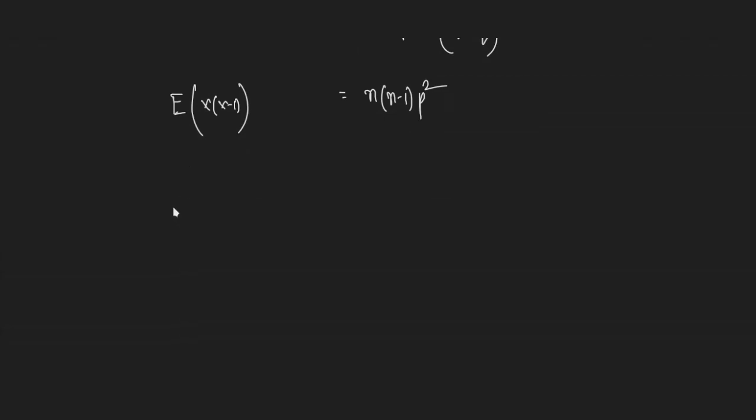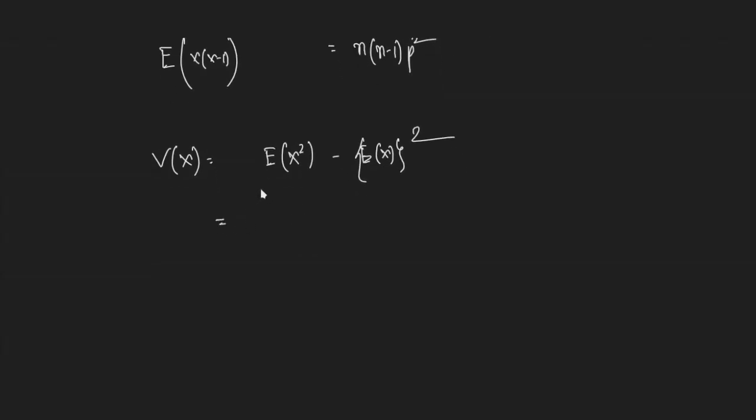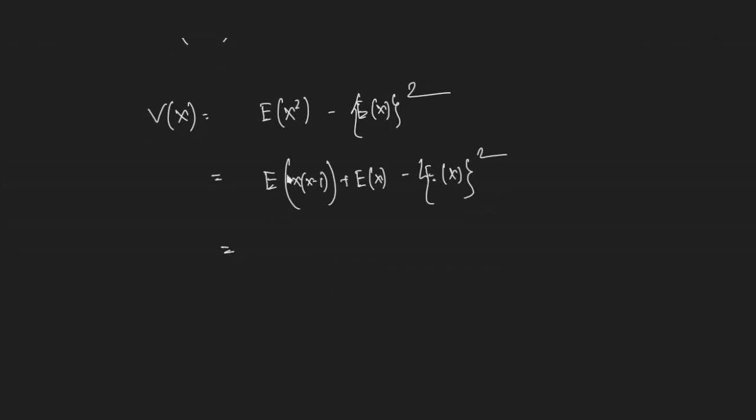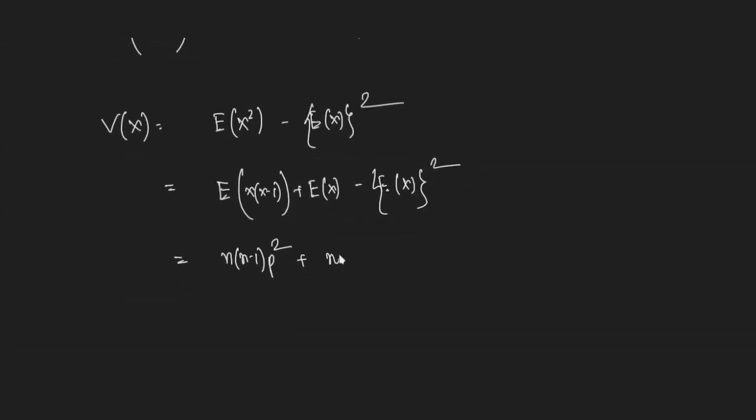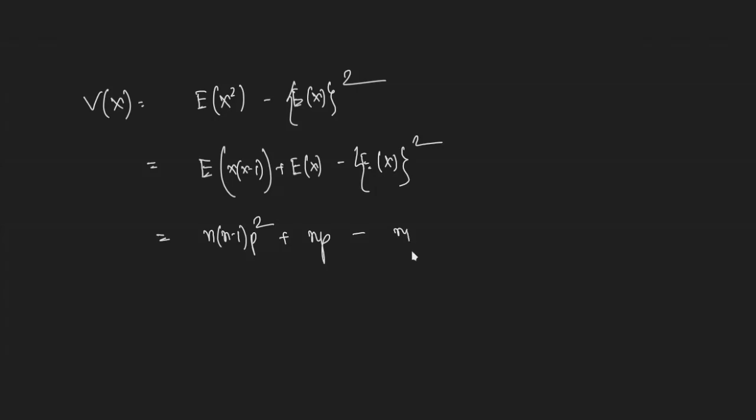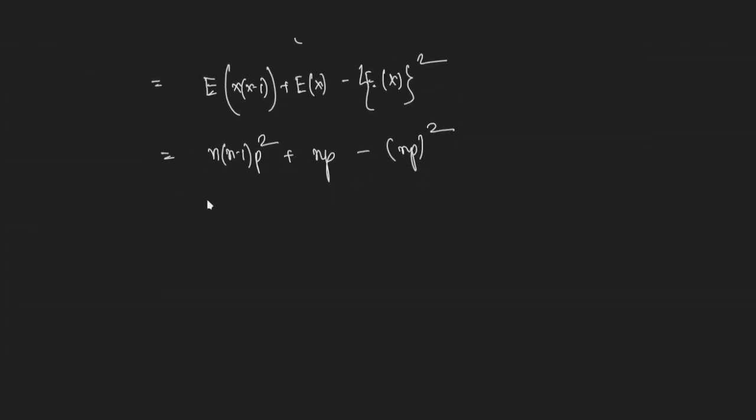Now we need the variance. Variance of x is expectation of x square minus expectation of x whole square. Expectation of x square we have broken down, which is expectation of x into x minus 1 plus expectation of x, minus expectation of x whole square. Expectation of x into x minus 1 we got as n into n minus 1 into p square, and expectation of x is np, and this is np whole square.